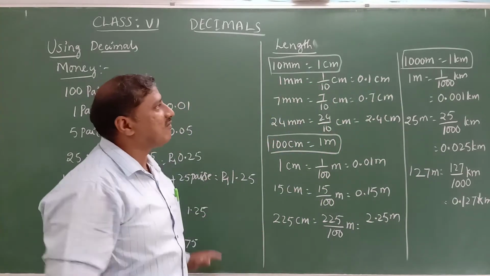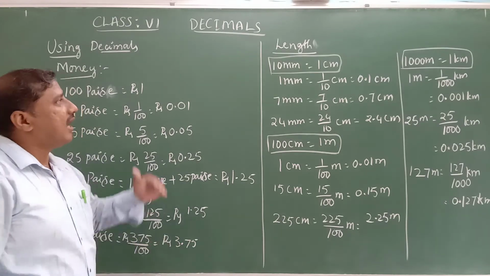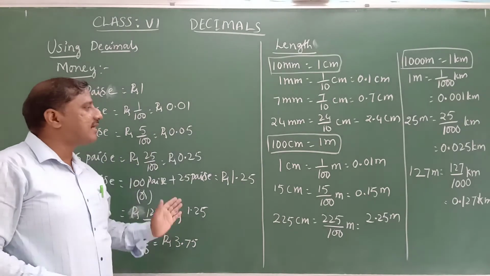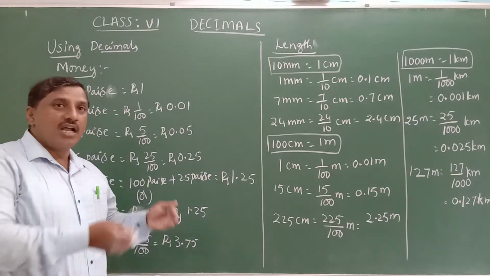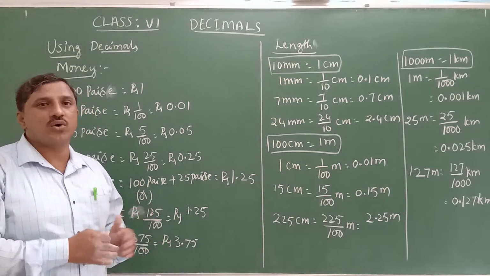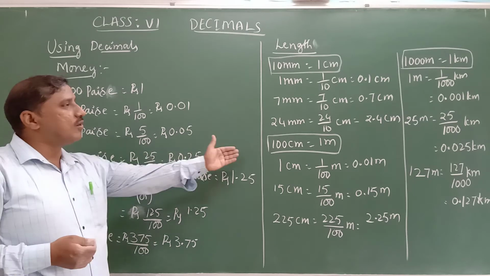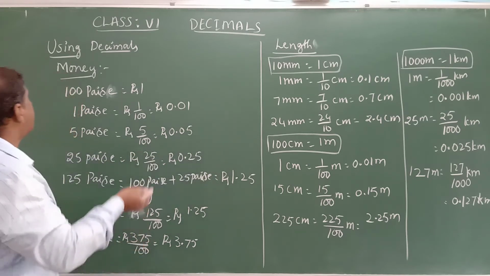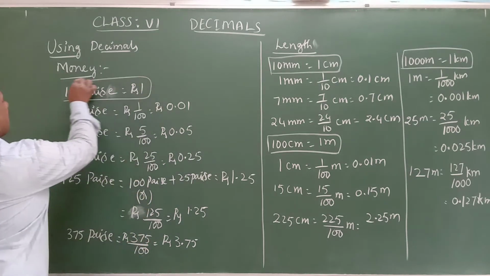Like this, we convert meters into kilometers, millimeters into centimeters, and centimeters into meters. That is, to convert from lower units to higher units, we use decimals. Even in money.